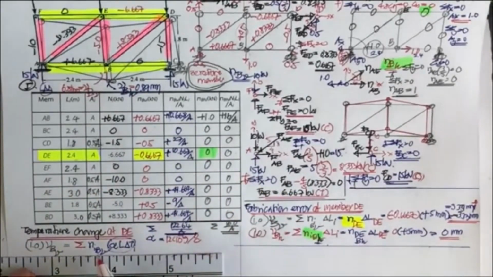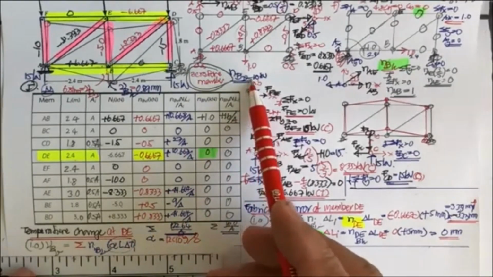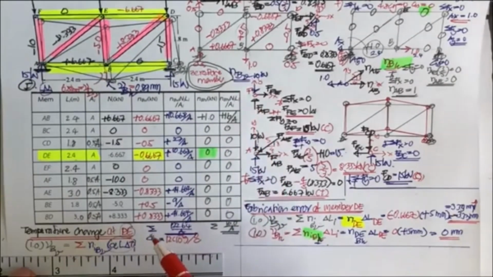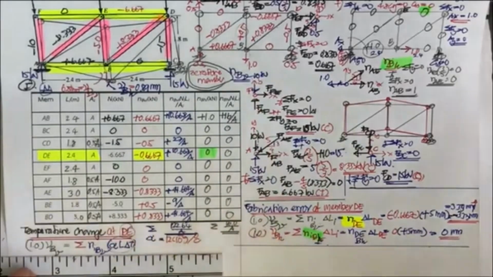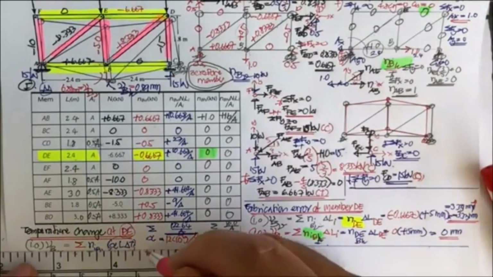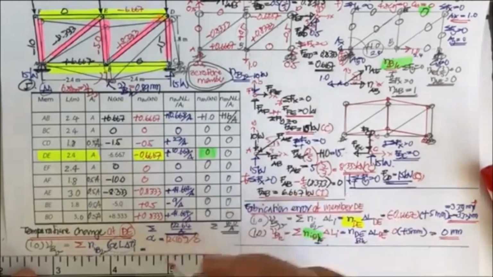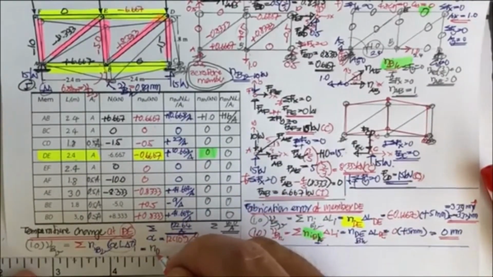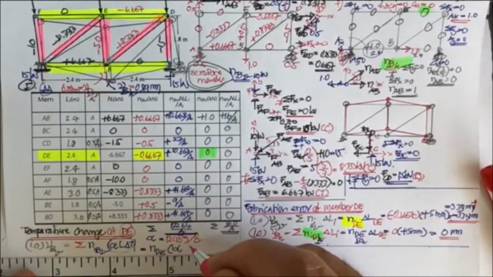And since you are interested in n sub BV, and since this one occurs only at DE, this equation can reduce to a simpler one. That is going to be equal to n sub DE times alpha, and then delta T and L of the DE.